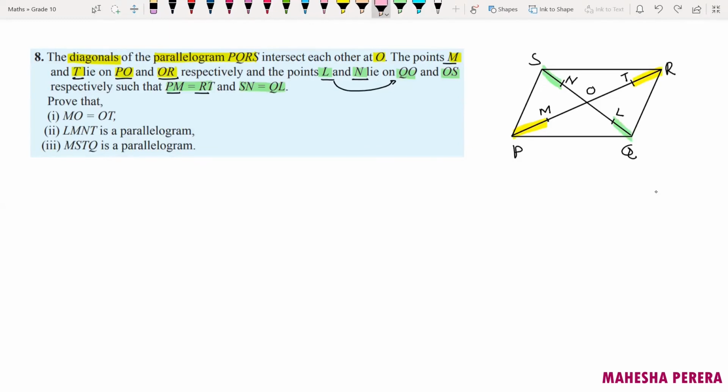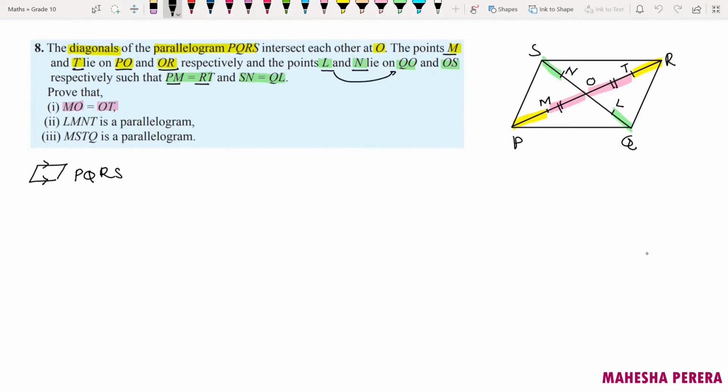Okay, first of all, we need to prove that MO equals OT. Where is MO? MO is here, and OT is here. So we need to prove that these two lengths are equal. Right, so what to do now? Now this is a kind of an easy task. Let's take the parallelogram PQRS.